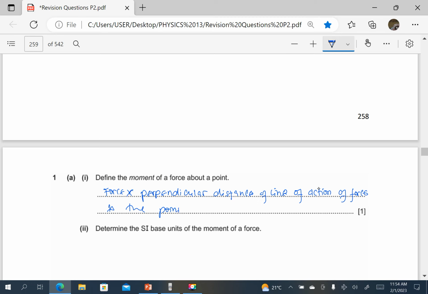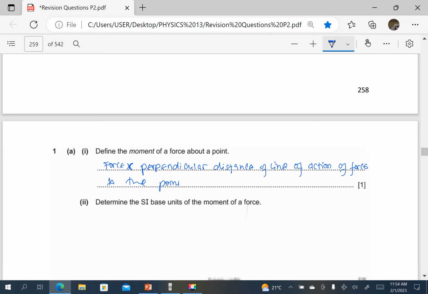Don't tell a story when you are defining moment. It is just force times perpendicular distance of the line of action of force to the pivot, to the point, which is normally the pivot.